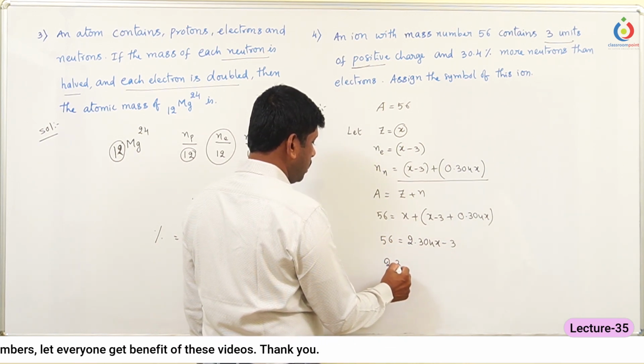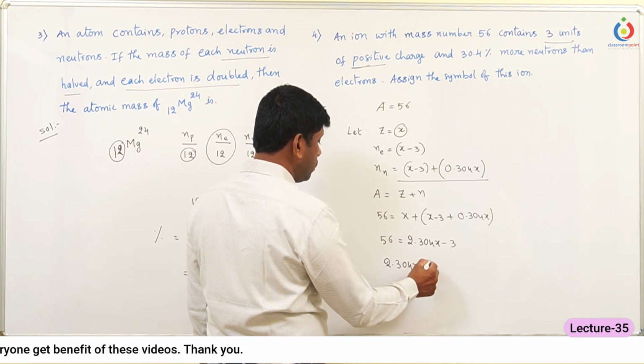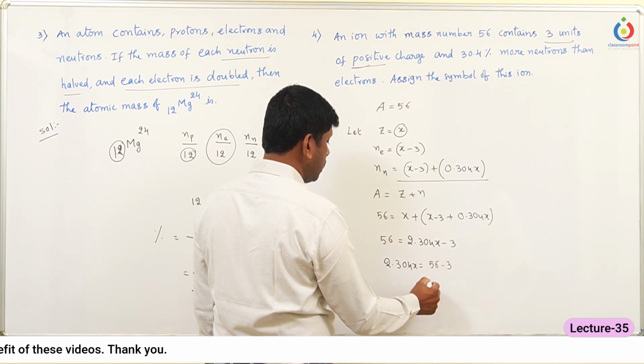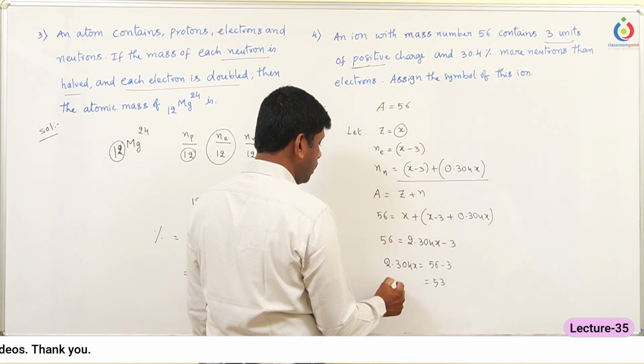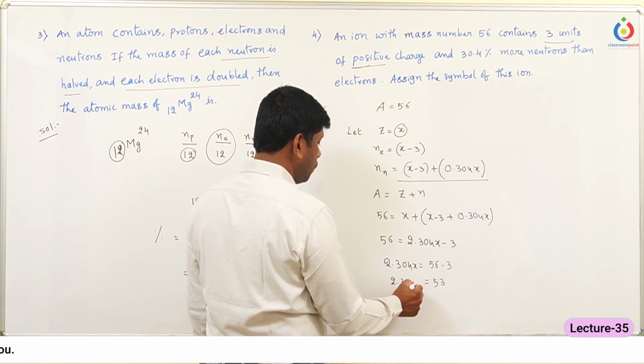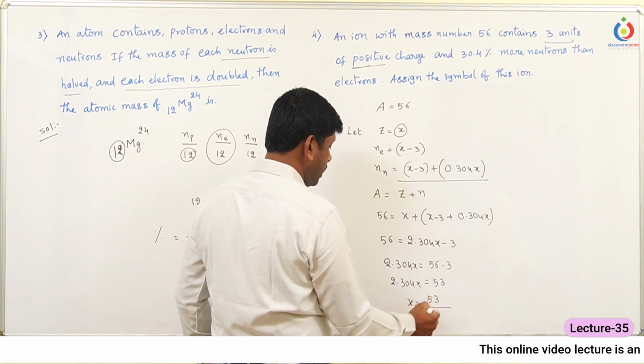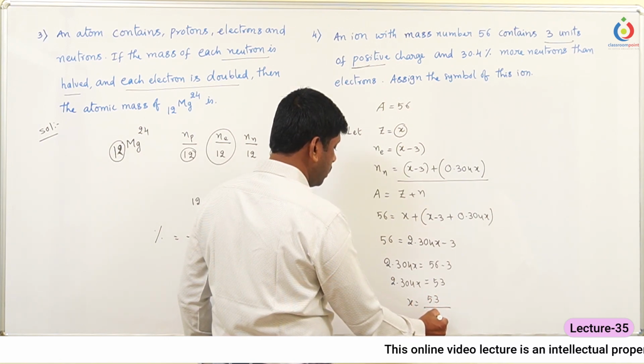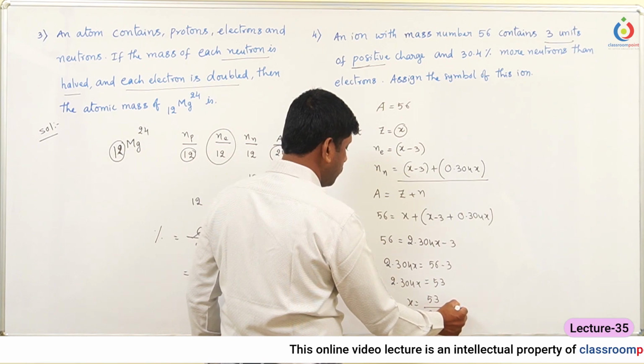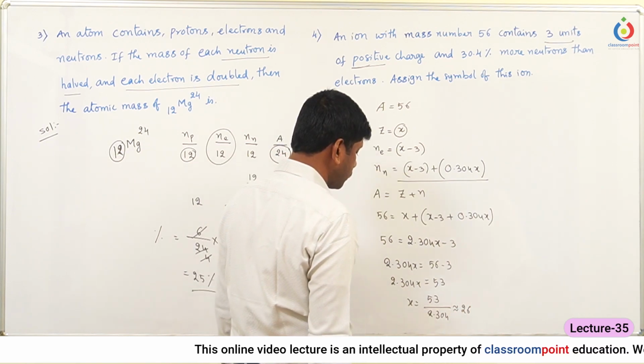Now 2.304 X equals 56 minus 3, that is 53. So X equals 53 divided by 2.304, which gives approximately 26.